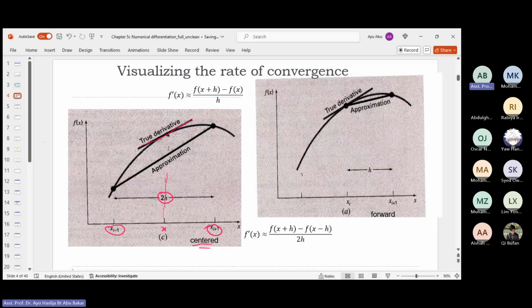Okay, here is your x. If forward just now, we only involve one step ahead. This one, so this is the approximation. True derivative here is the true value. True value you can calculate from the calculator on differentiation.